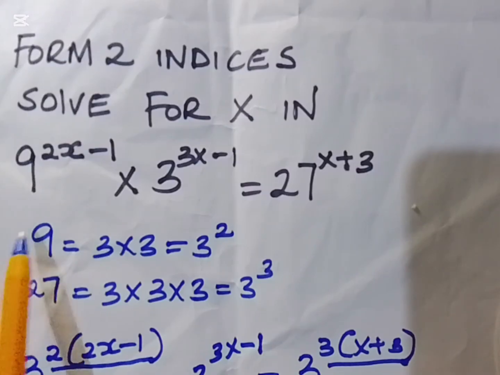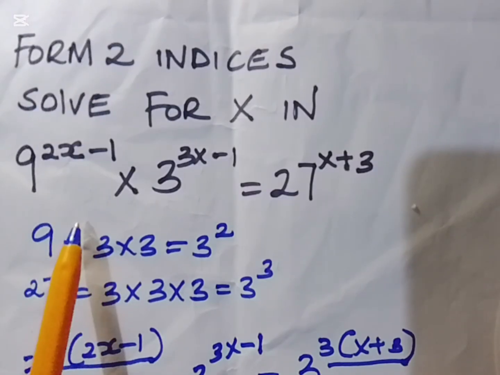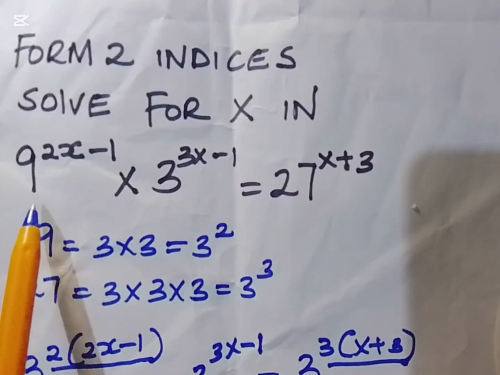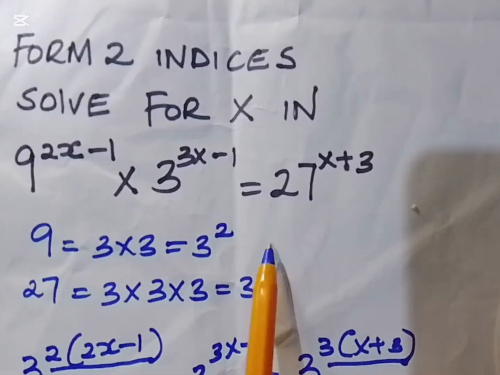If you look at 9, 3, and 27, they are all multiples of 3. So by prime factorization, we can reduce 9 and 27 to powers of 3.